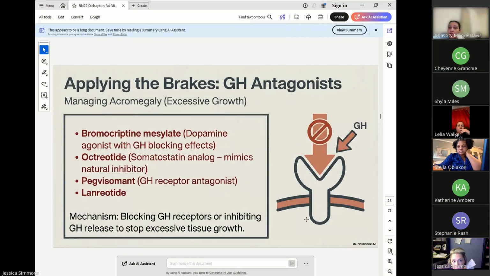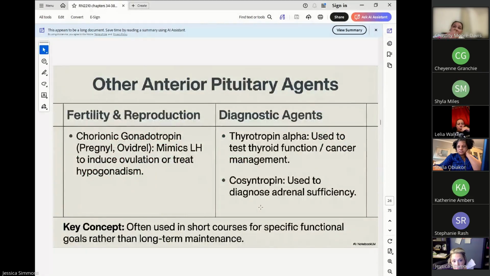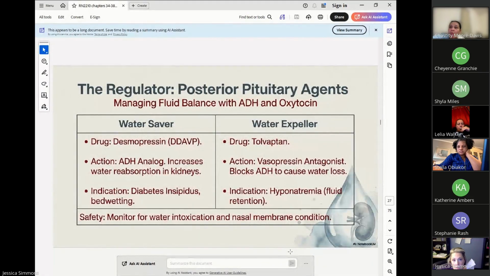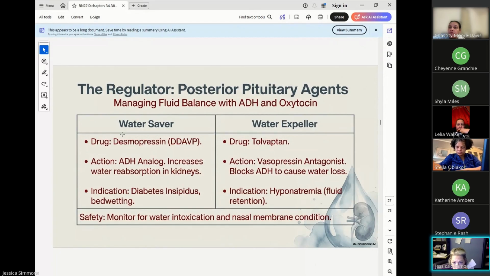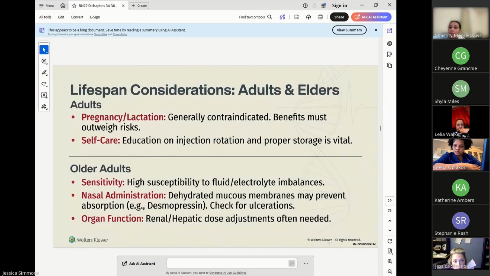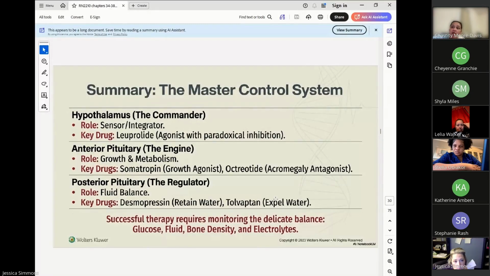This is a good side-by-side for desmopressin, the water saver for DI, and then the water expeller, tolvaptan, which is for SIADH. I like this slide a little bit.